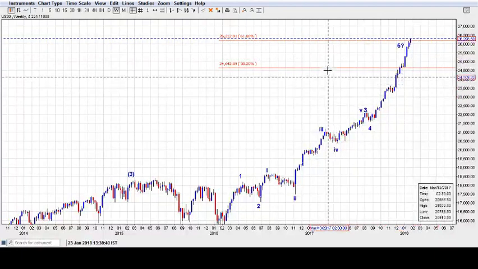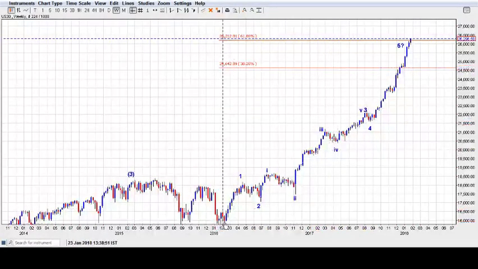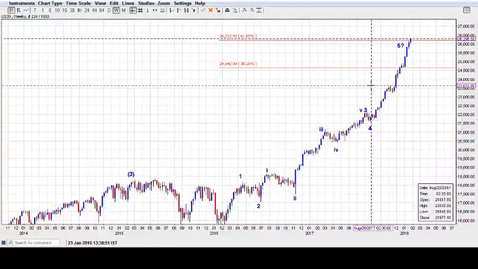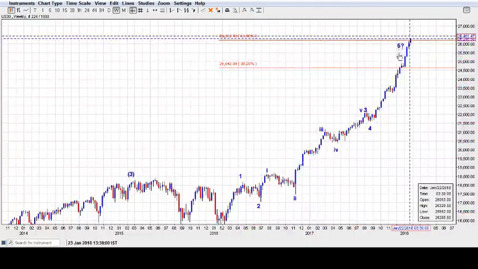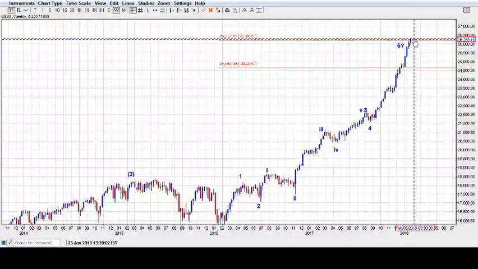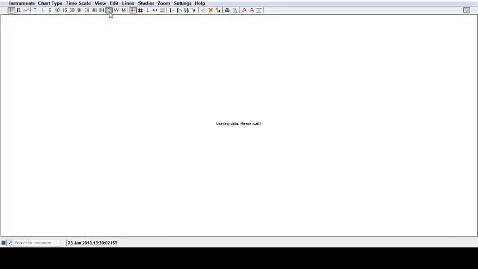Now that is the second place where the fifth wave would terminate if it has exceeded the 38.2% mark, exactly what Bitcoin did, by reversing below the 20,000 mark. I think that was the 61.8% of the distance traveled by waves 1, 2, and 3. So we are already short right now technically, but that's an aggressive trade call.